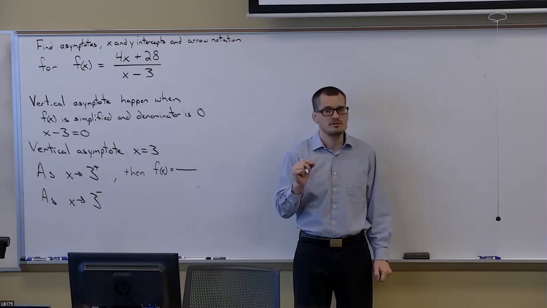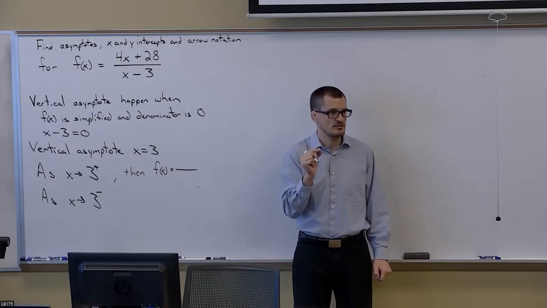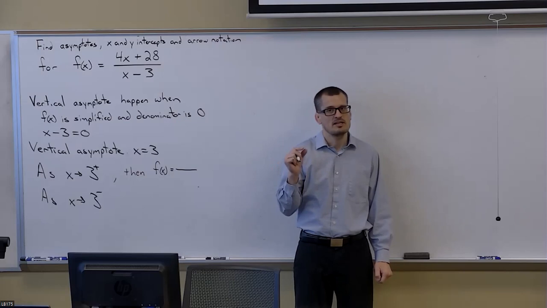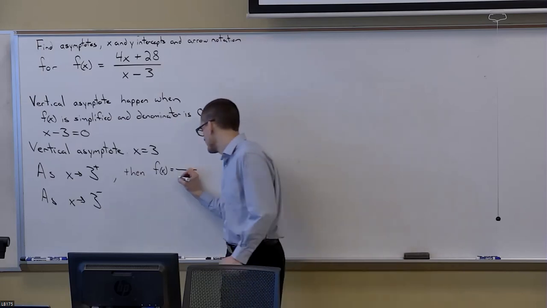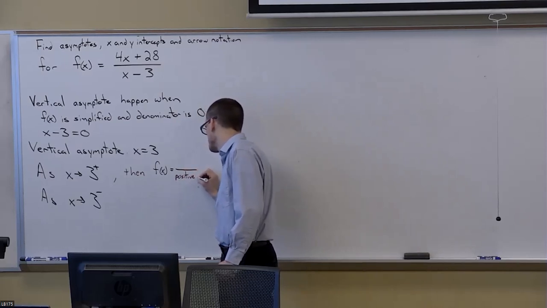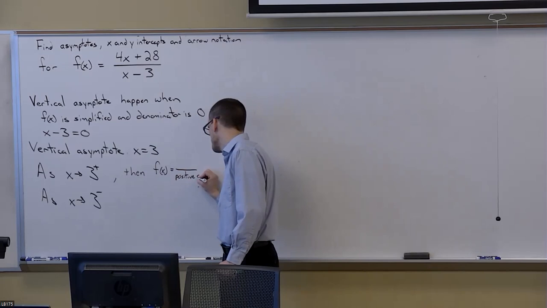Well, if x is a little bit above 3, and I subtract 3, like 3.01, 3.0001, I'm going to get a positive number that's close to 0. So I'm going to say positive, close to 0.